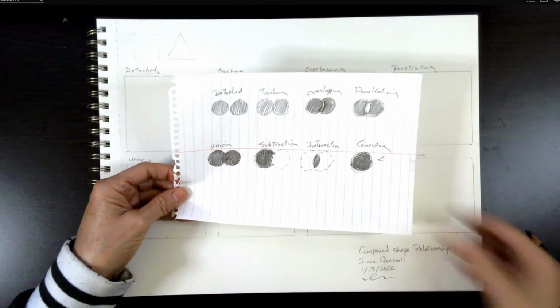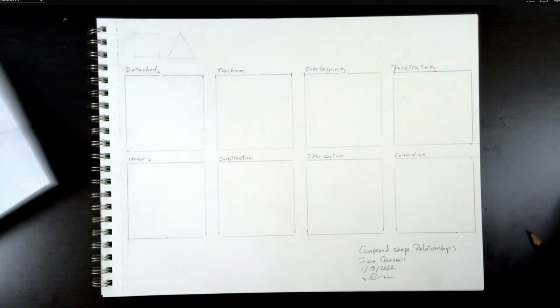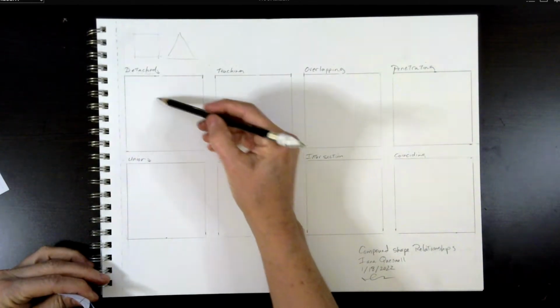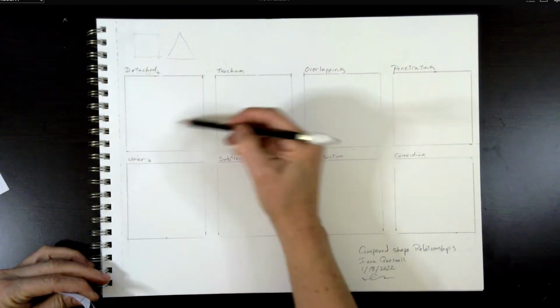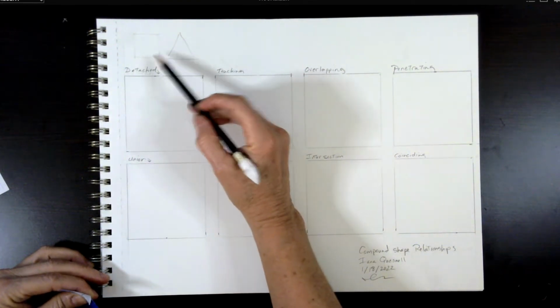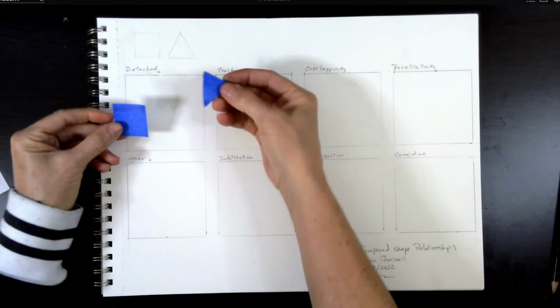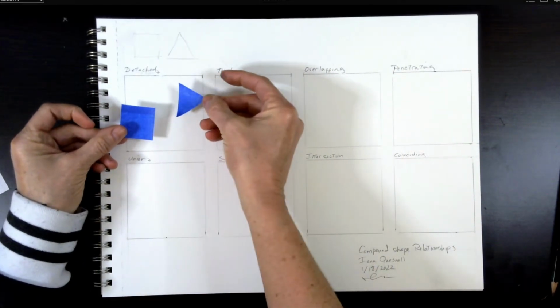Okay. So what I've done, instead of, you can just sketch out if you want different shape interactions. I want you to try and use the square and a triangle instead of the circles, just so that you can play with different shapes. But you can also cut out a stencil if you'd like.